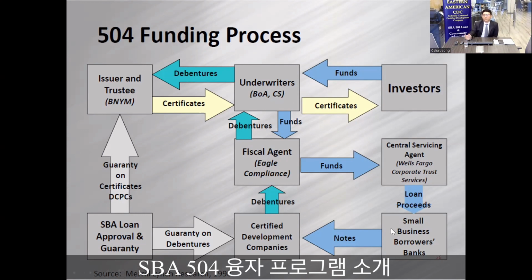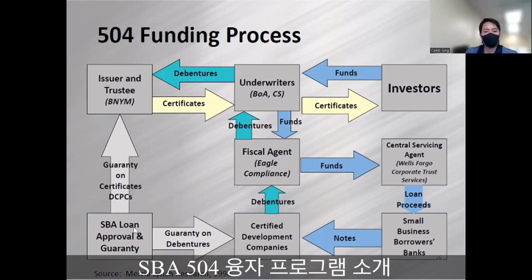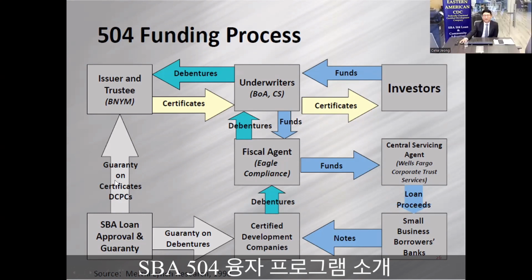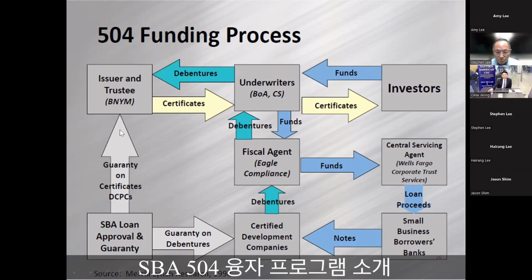This is what we do. At the same time, the SBA gives us a guarantee and debenture, and they got the guarantee certificate. And this is how we make the SBA funding process.